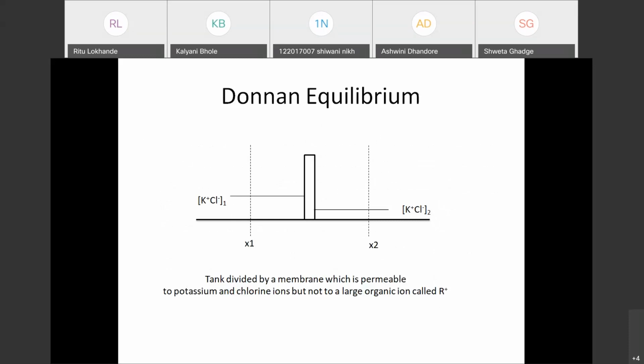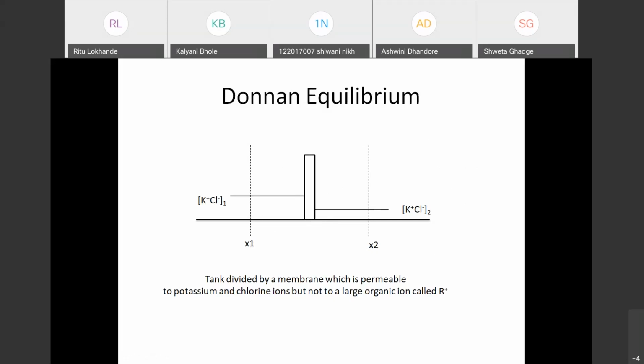So now in a further stage we want to discuss Donnan equilibrium, where for this learning we are going to consider one example. Consider a tank, and this tank is divided by a membrane. This membrane is permeable to not only potassium but also chlorine ions.